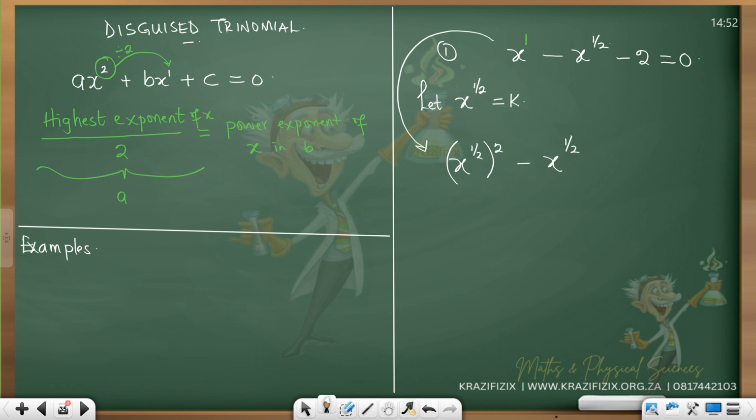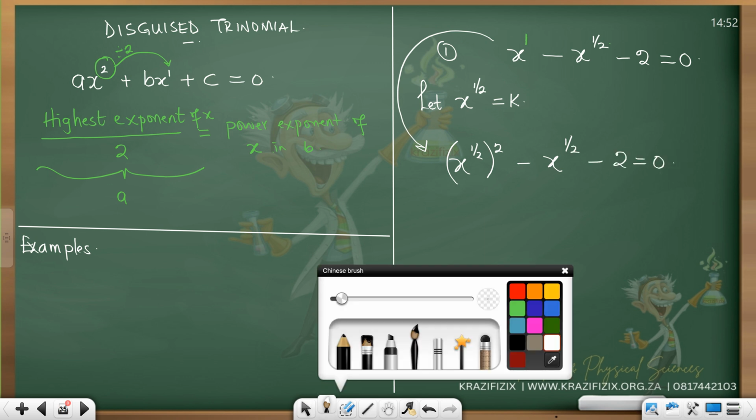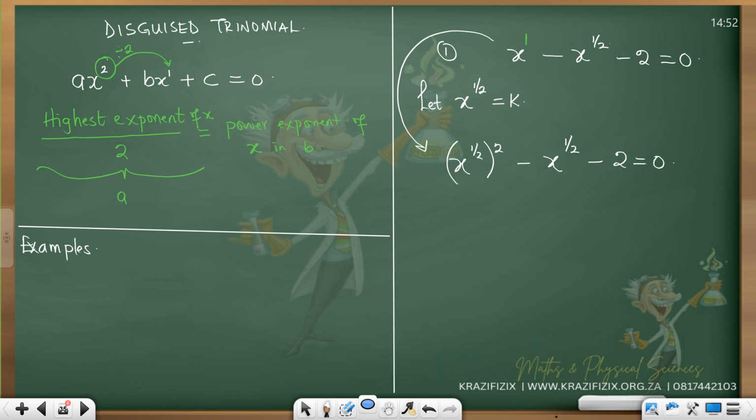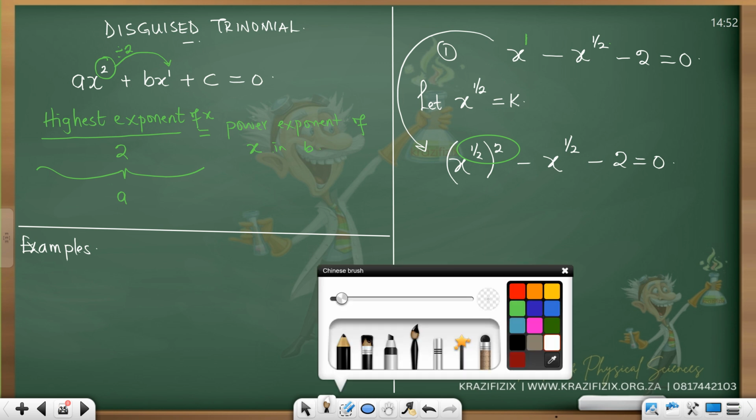I have not changed the equation, if you remember laws of exponent, because laws of exponent says power, we multiply. What is half times 2? Half times 2 would give me that 1. I want to pause there. Let's breathe there.